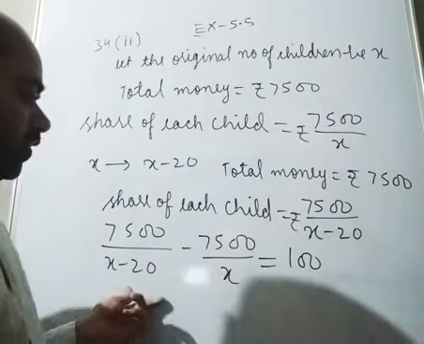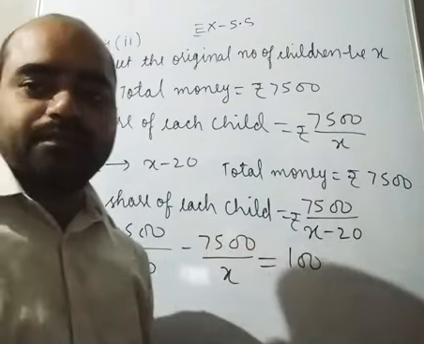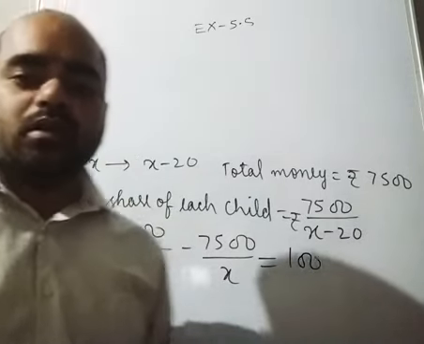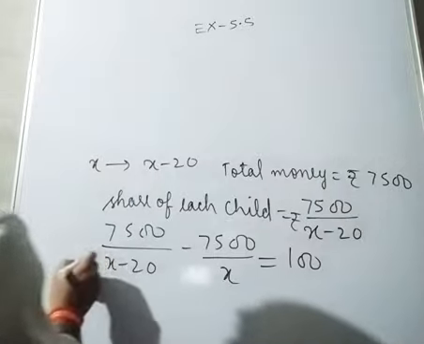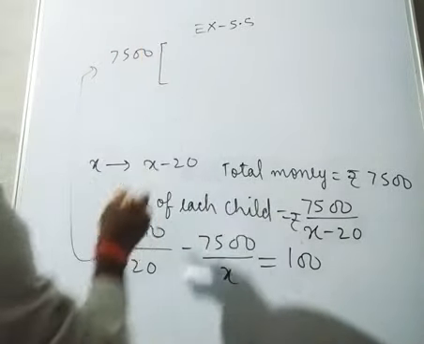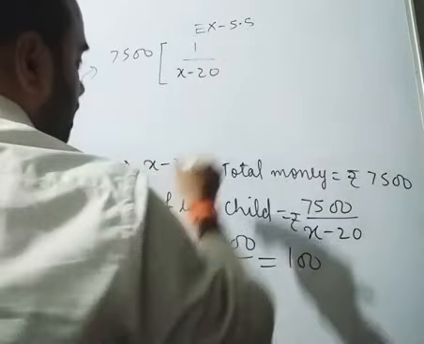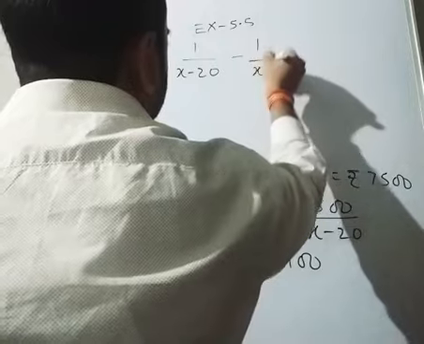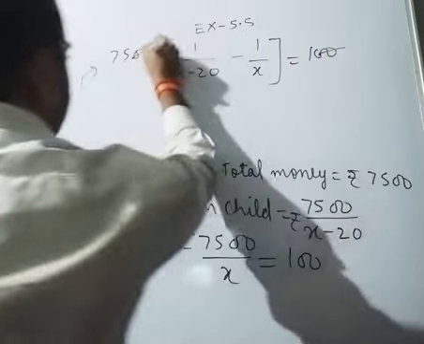Correct. Now what is common throughout? 100 is common. Now you can see 7500 is common. It means we can write 7500 common. What is left? 1 upon x minus 20 minus 1 upon x is equal to 100 upon 7500. 00 cancelled.